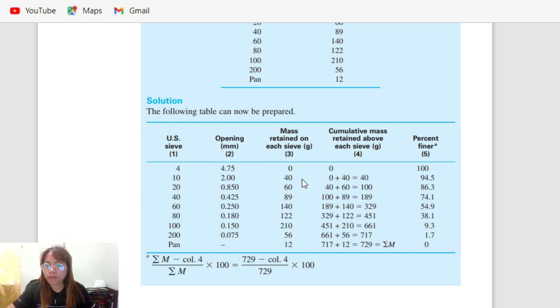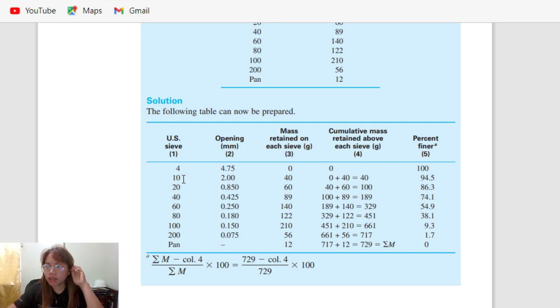The cumulative mass is the amount of the previous sieve plus the amount of the next one. For example, for number 4 sieve, that is 0. For number 10 sieve, 0 plus 40, meaning this is the cumulative mass retained above this sieve.